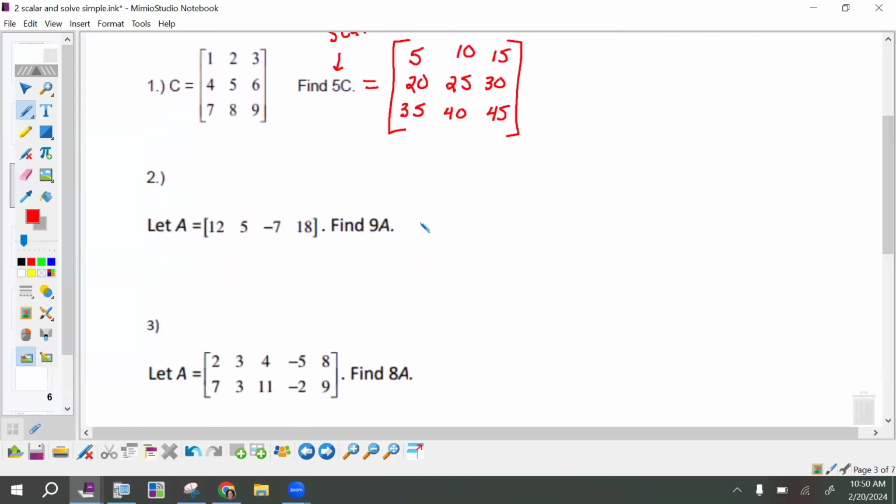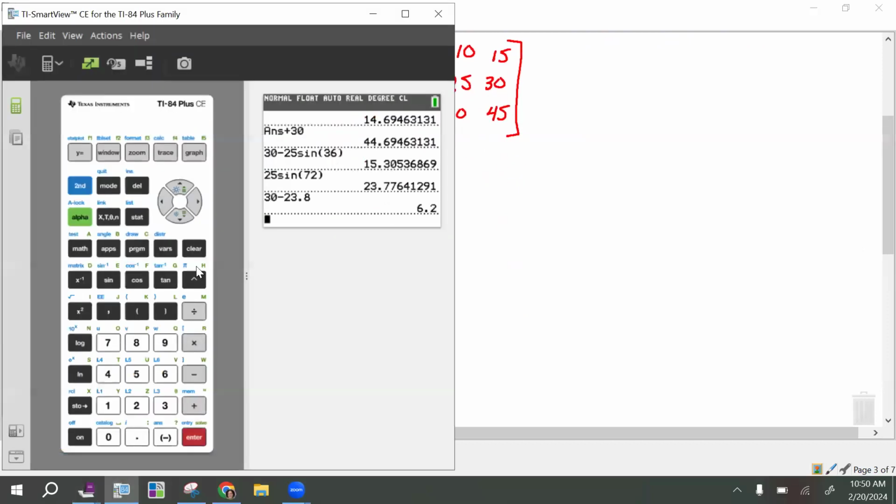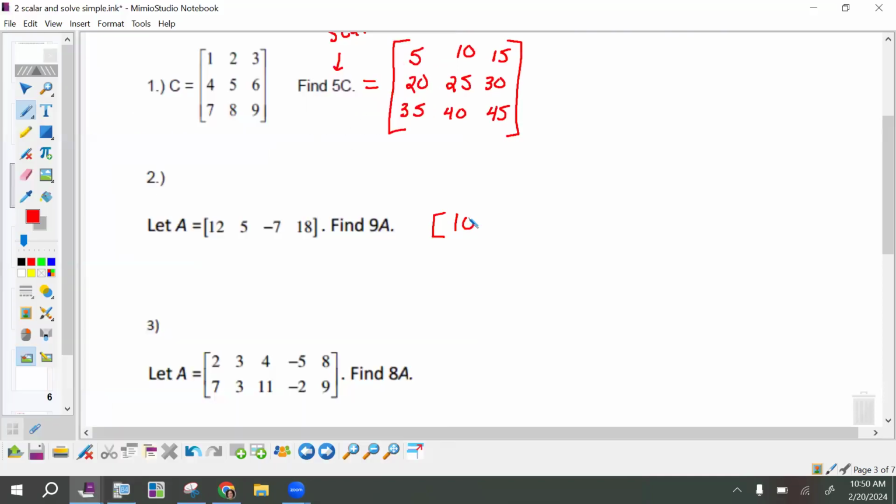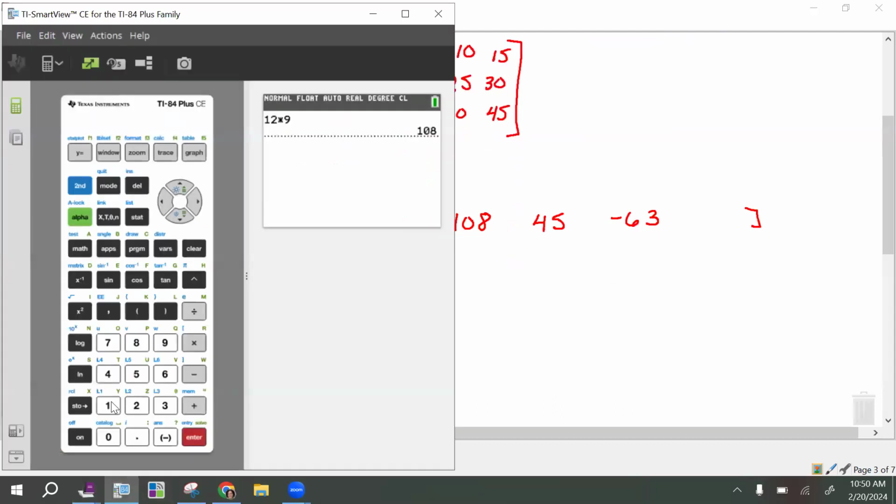Okay, so let's find 9A. This unit, you have your calculator. So if you would like to do 12 times 9, you can do that. You don't have to show your multiplication. 5 times 9, -7 times 9, and then 18 times 9.